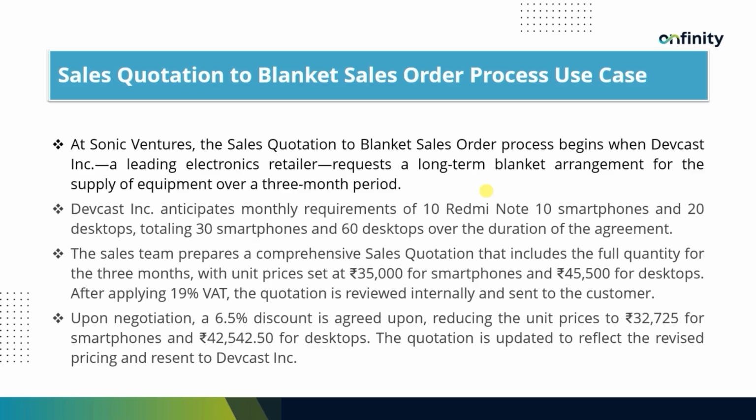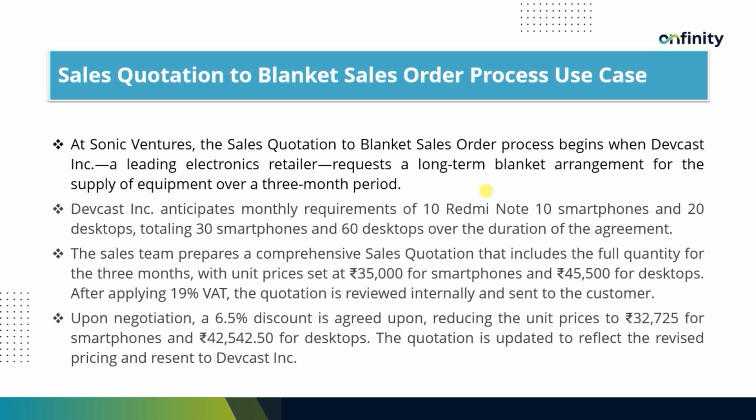The sales team prepares a comprehensive sales quotation that includes the full quantity for the 3 months, with unit prices set at 35,000 rupees for smartphones and 45,500 rupees for desktops, after applying 19% VAT. The quotation is reviewed internally and sent to the customer.